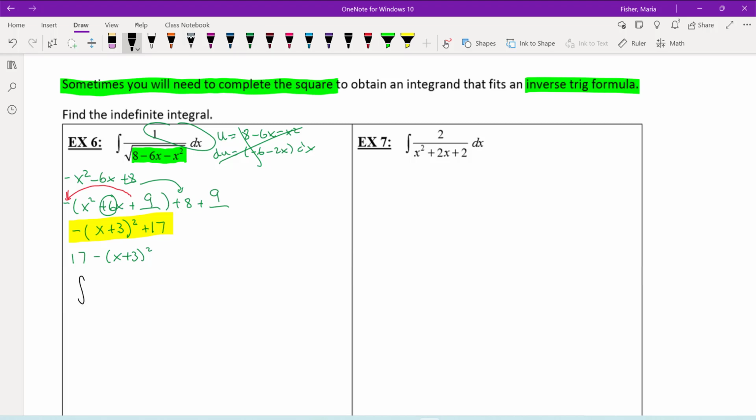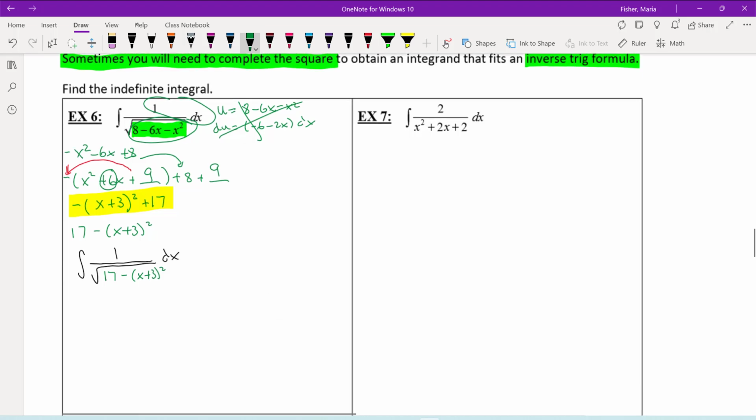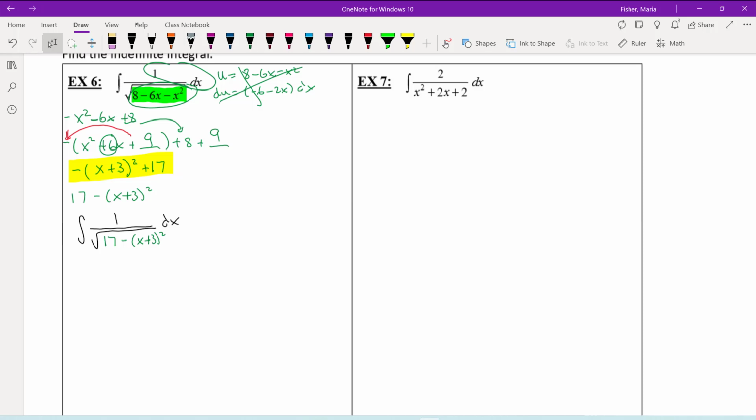Now plugging it back into the integral, instead of writing that 8 minus 6x minus x squared, we're going to write 17 minus x plus 3 squared because that is what we get when we complete the square on that trinomial. Well, now we definitely look like inverse sine.